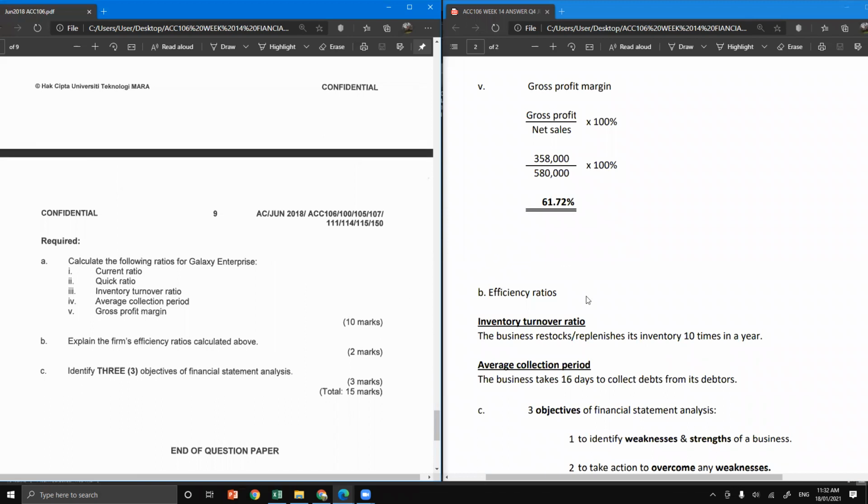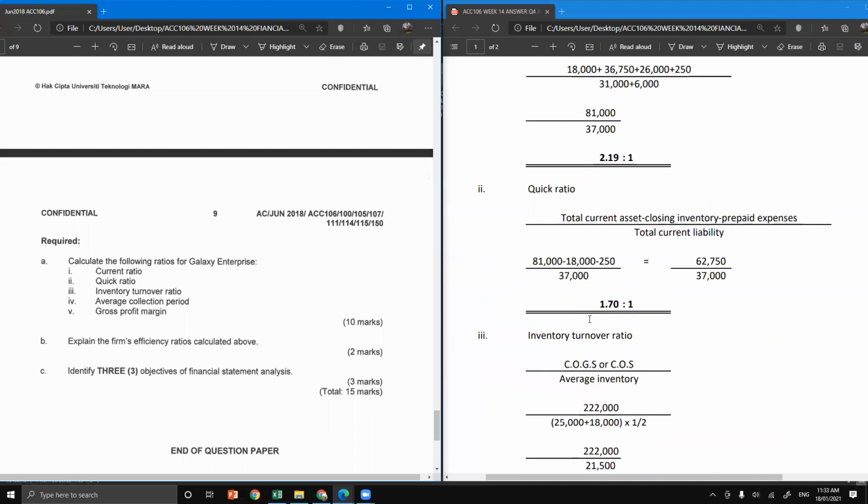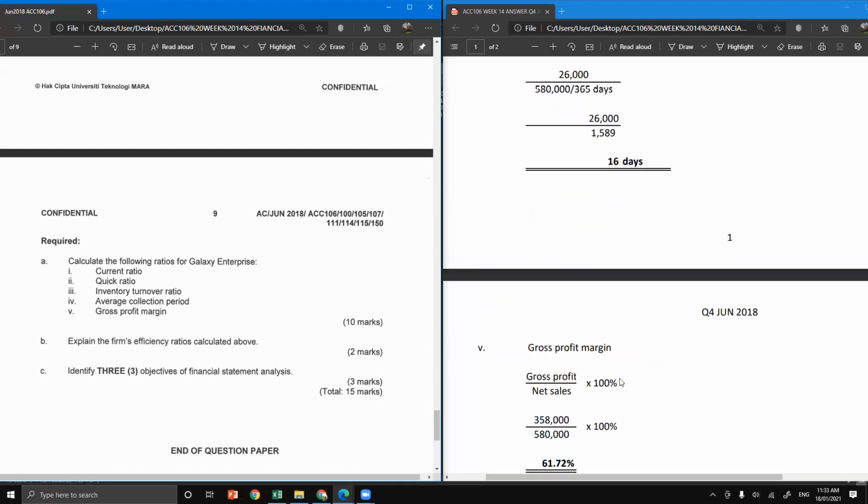The next question, B, explain the firm's efficiency ratios calculated above. Efficiency ratios consist of two types of ratio, which are inventory turnover ratio and average collection period. So you need to explain or interpret these two ratios. For inventory turnover ratio, as you look at the answer in A3, it is equal to 10 times. What does it mean?